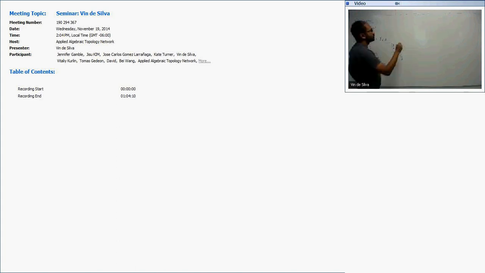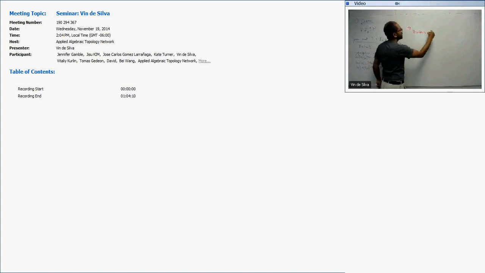And so the first conclusion I want to write is that an interleaving is exactly the same thing as a functor.